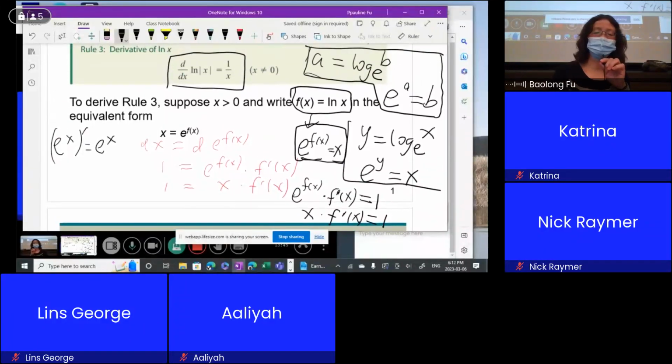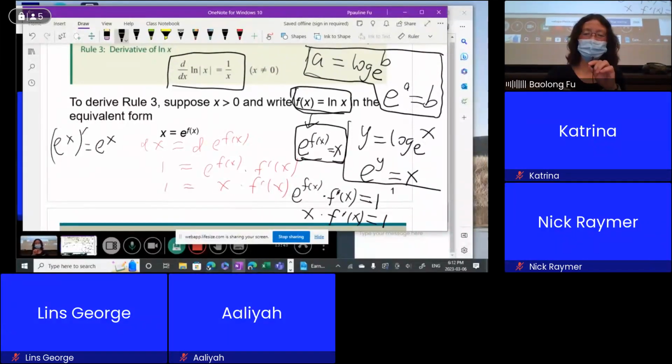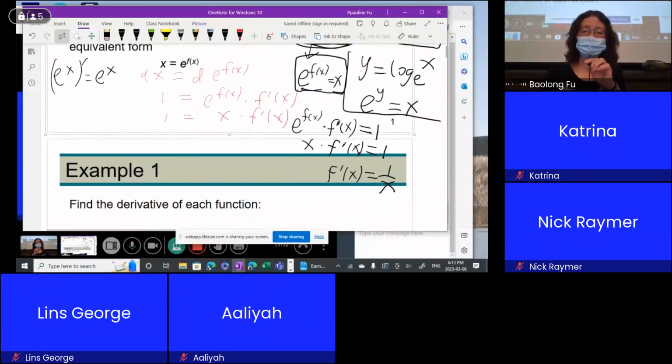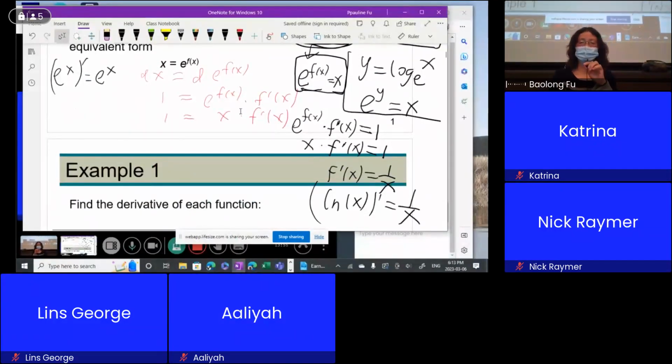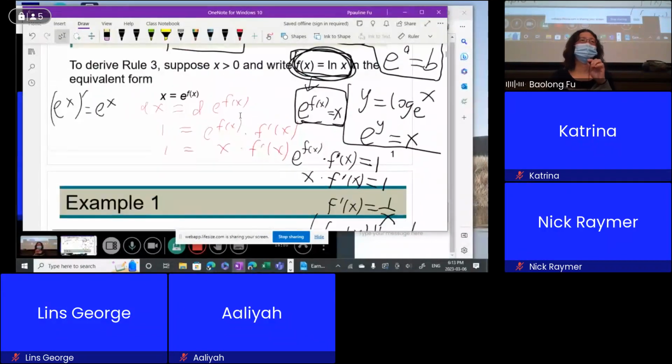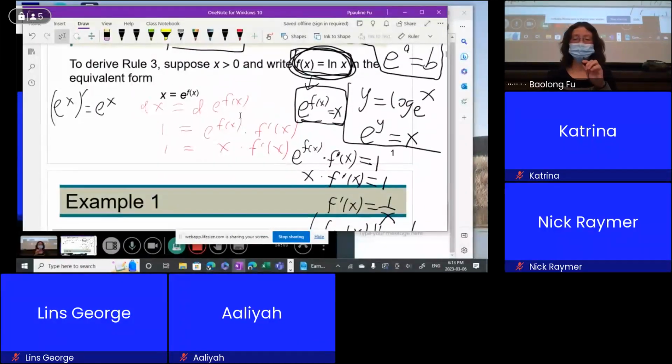So we prove this. Remember f(x) equal to ln x, so that means the derivative of ln x equals 1 over x. Questions?